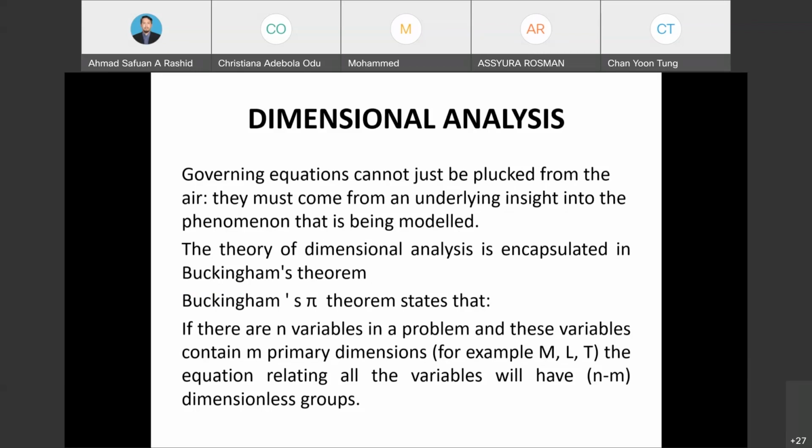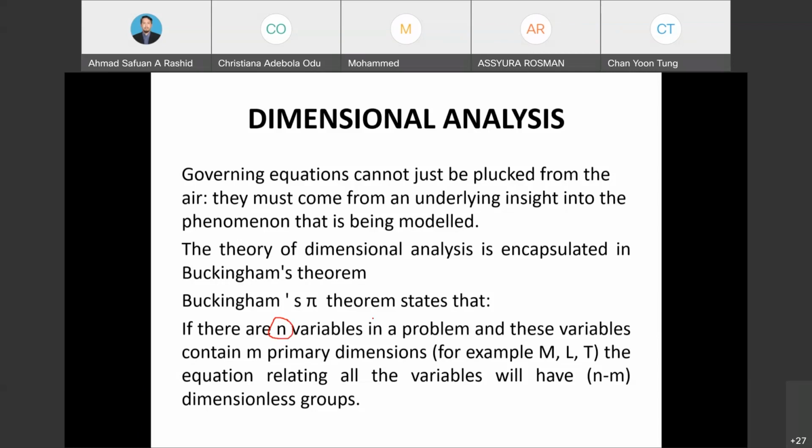The Buckingham Pi theorem states that if there are n variables, where n is the number of parameters, for example if it has 6 parameters then n is 6, including the input and also the output, in a problem, and these variables contain m primary dimensions, which is MLT.